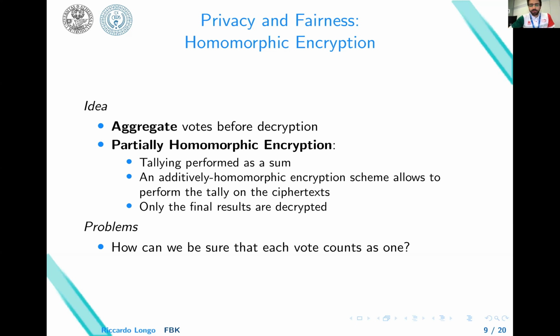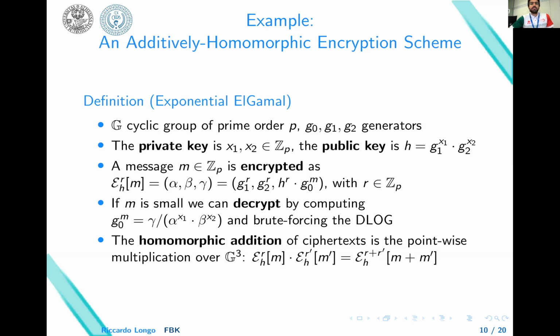Before addressing the problem, we can see our first example of an additively homomorphic encryption scheme. Here we can see the exponential ElGamal encryption scheme. It is based on the discrete logarithm problem. We have a cyclic group G with prime order p, and we have three generators, g0, g1, g2.